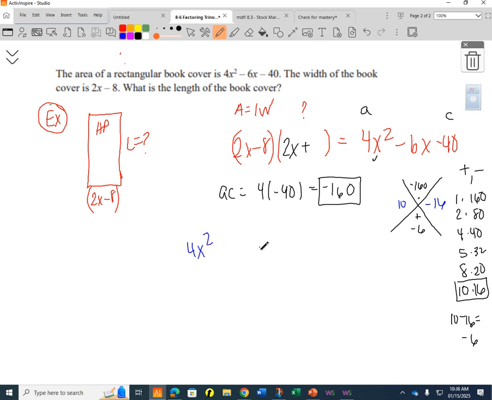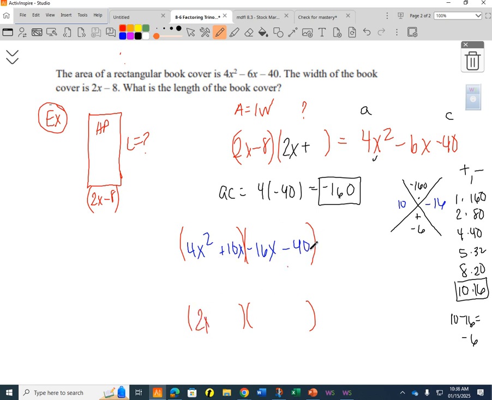So now we're going to rewrite 4x squared, and our middle term is going to be plus 10x minus 16x, and then minus 40. So we're just doing the same thing as we've been doing. We're going to group. And we're going to find the greatest common factor of this group. For the sake of time, I'm going to go ahead and tell you that it's 2x.